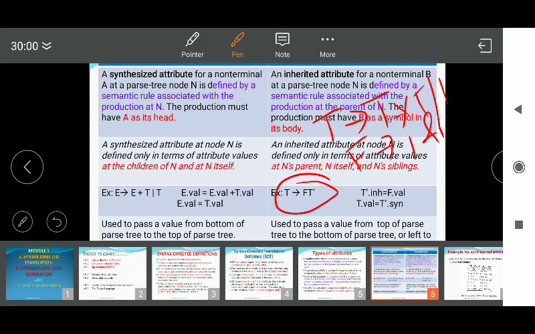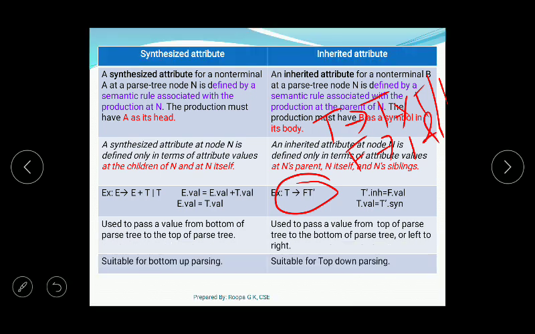If you have a production like this, how will you remove this left recursion? T gives FT dash, T dash gives star FT dash or epsilon, right? Since inherited attributes are helpful for top down parsing, we have to remove left recursion like this.